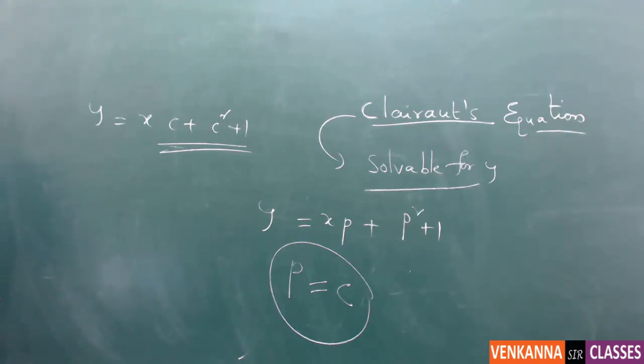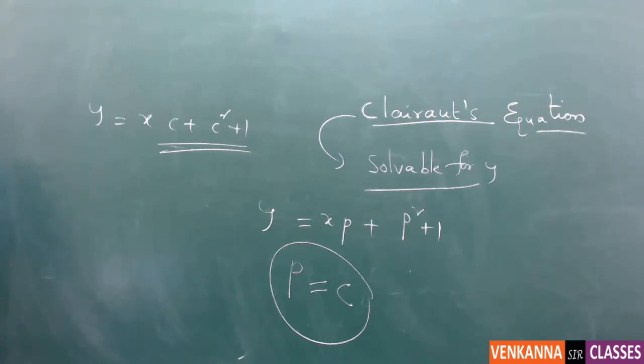So on the whole, whatever the given equation is, by rearranging the terms, we reduce the equation to y is equal to x into p plus some function of p. And immediately we write that it is nothing but Clairaut's equation.